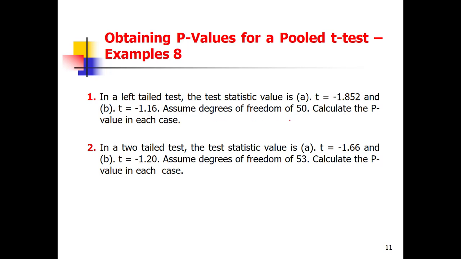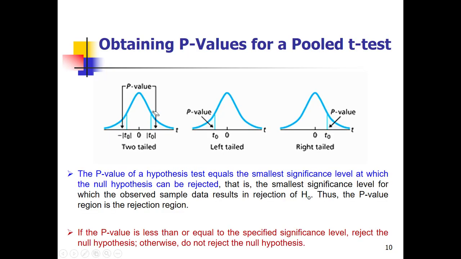Assume degree of freedom 50. Calculate the p-value in each case. So here, the p-value is nothing more than the area. It's very straightforward. The p-value here is nothing more than this area here.